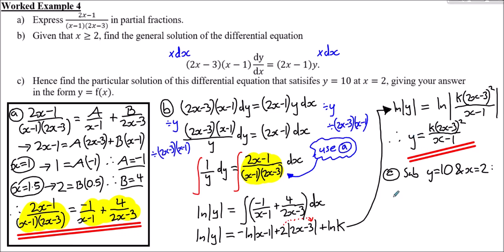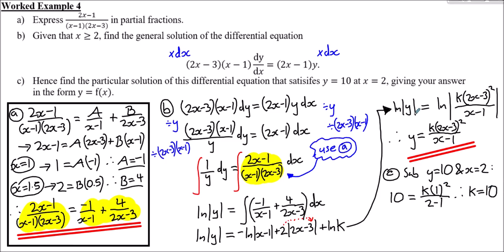So y, 10, equals k. 2x becomes 4, minus 3 is 1, so k brackets 1 all squared, all over 2 minus 1, which of course is 1. So therefore, k only has to equal 10, because 10 equals k times 1 divided by 1, k equals 10.